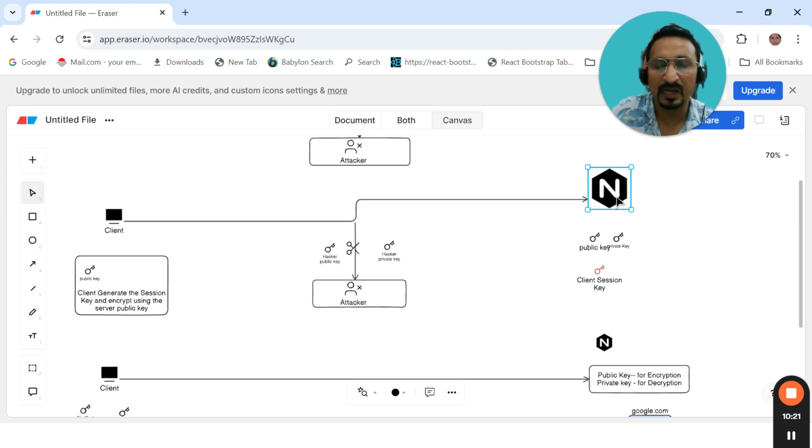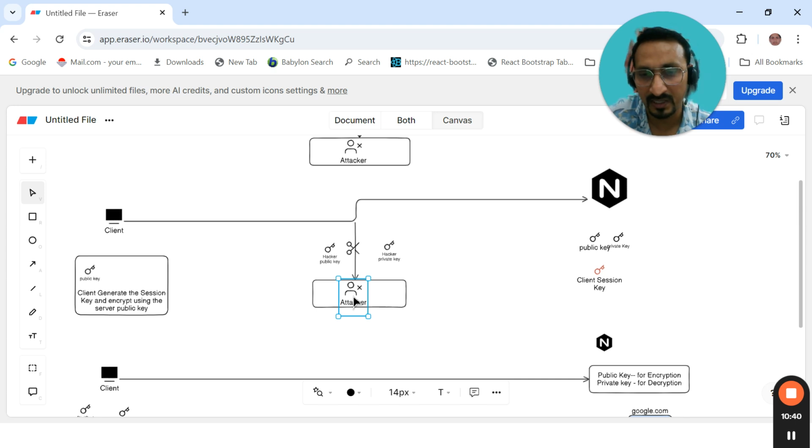But the problem is, let's understand the scenario of how the man in the middle attack will intercept the data and cause the problem. The client has initiated the communication. Now this attacker can act as a proxy, and this attacker will also have its own public key and private key.